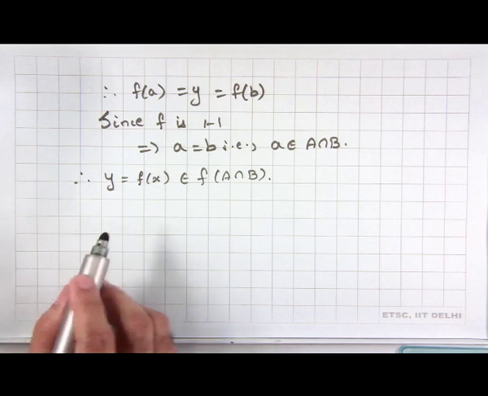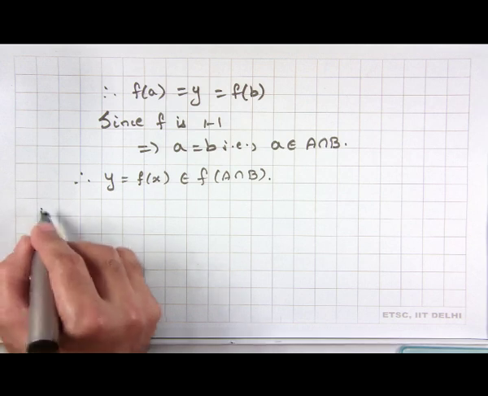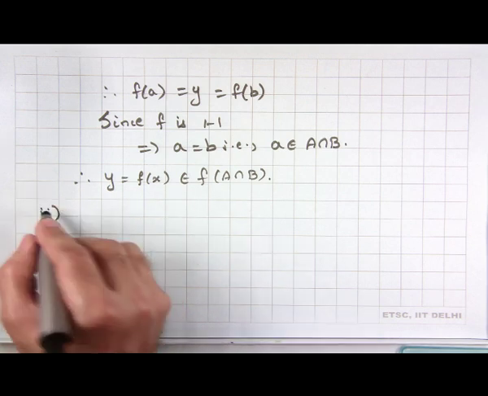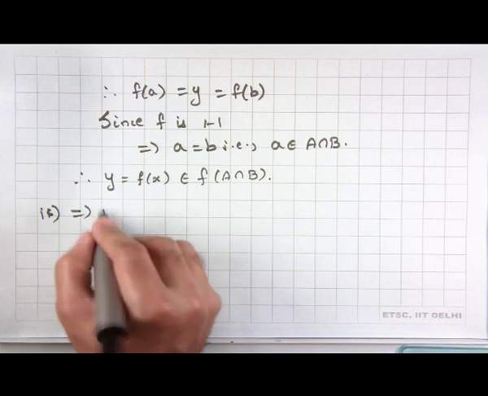Now, let us look at the next equivalence: 1 implies 3.